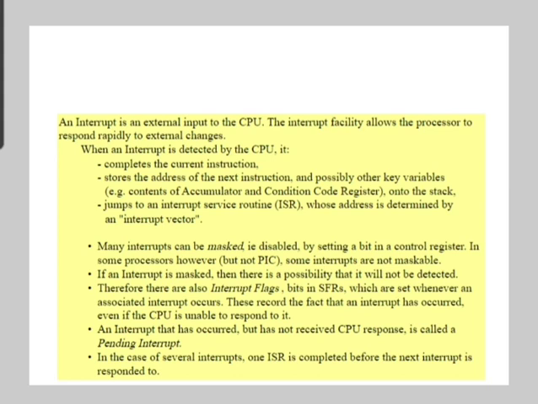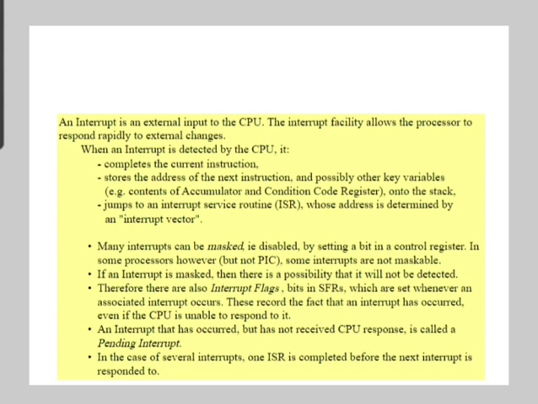Therefore, if an interrupt is masked, then there is a possibility that it will not be detected, and therefore there are interrupt flags. Interrupt flags are bits in the SFR which are set whenever an associated interrupt occurs, and these record the fact that an interrupt has occurred even if the CPU is unable to respond to it.